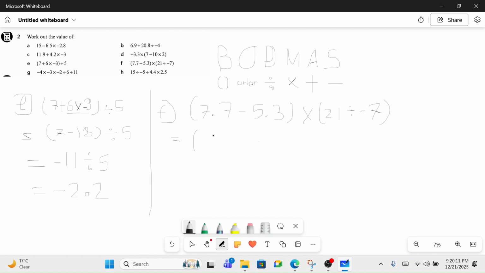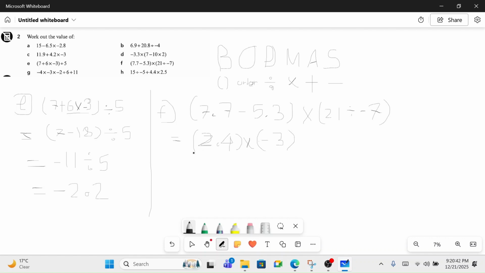So 7.7 minus 5.3 should give us an answer of positive 2.4. Sorry, this does not look like a 2, it looks more like a Z. Yeah. 2.4 times 21 divided by minus 7 should give us an answer of minus 3. Pretty straightforward.